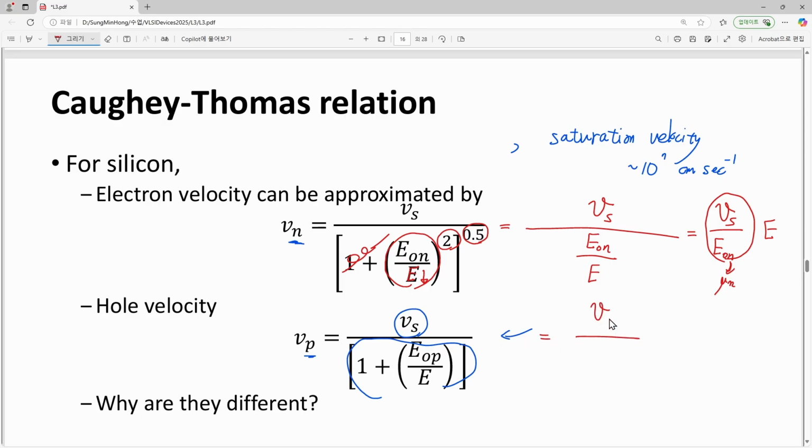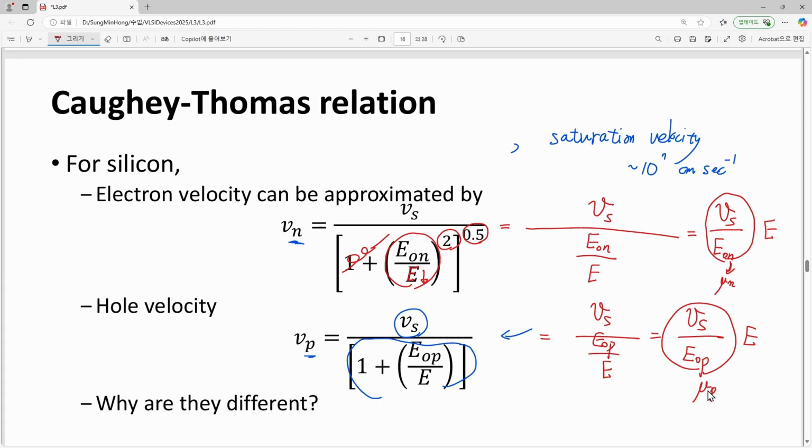So we will have Vs over E sub o p, multiplied by E, and this corresponds to the hole mobility.